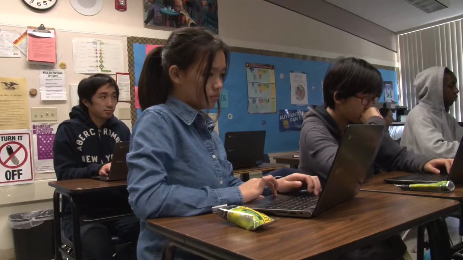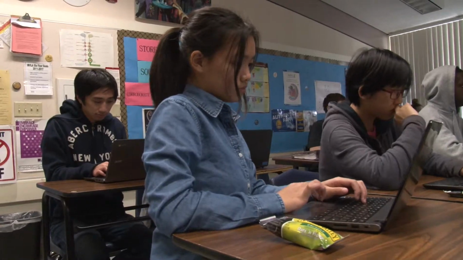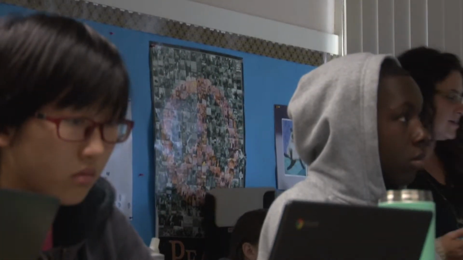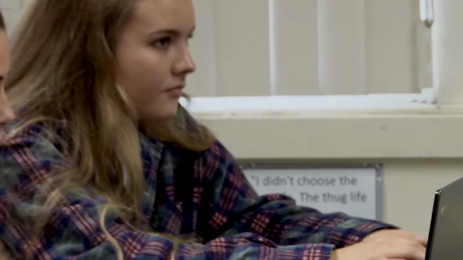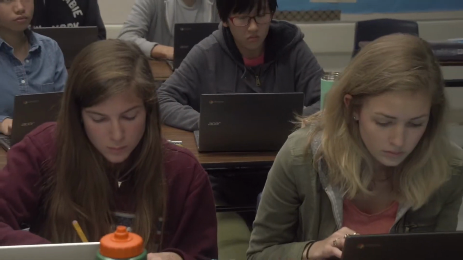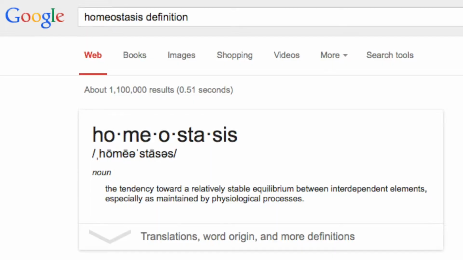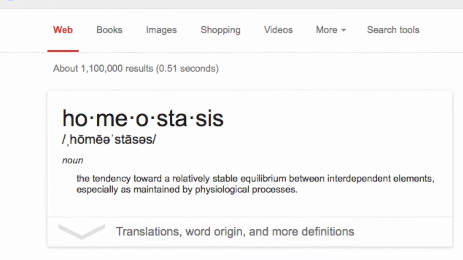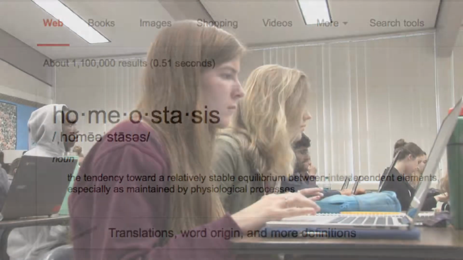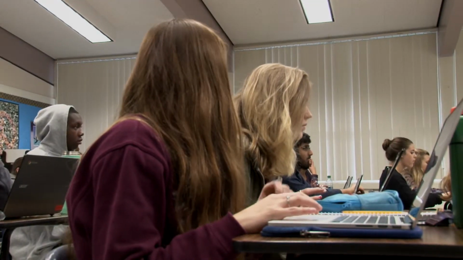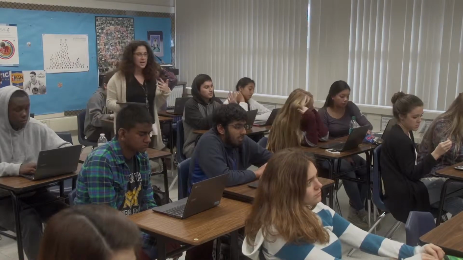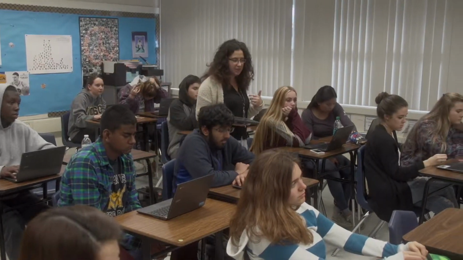And the Chromebooks are there to support students that need a little more of a notes outline or need to be able to look up a word while I'm giving a lecture because they're not sure what homeostasis means, even though we're using it, helping them understand that it's totally okay not to know, and then empowering them to look it up for themselves. I think it makes students feel more comfortable and more safe.